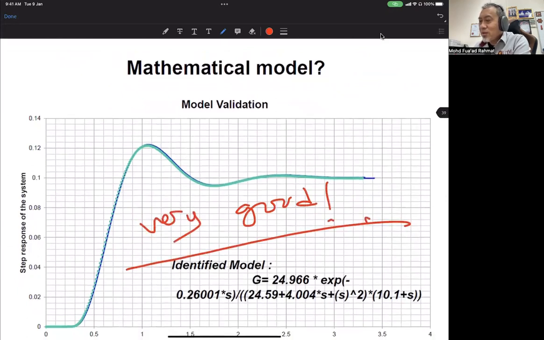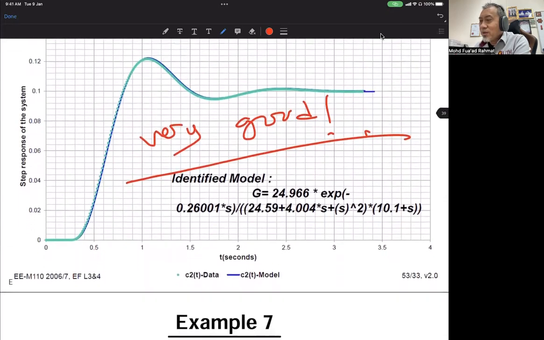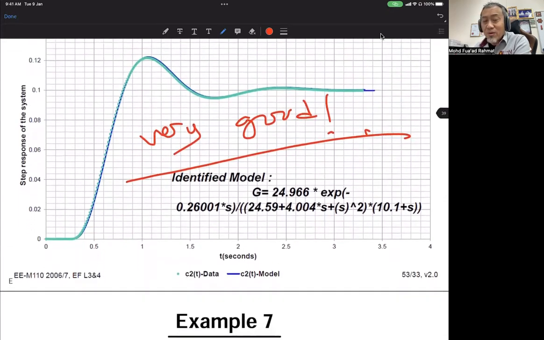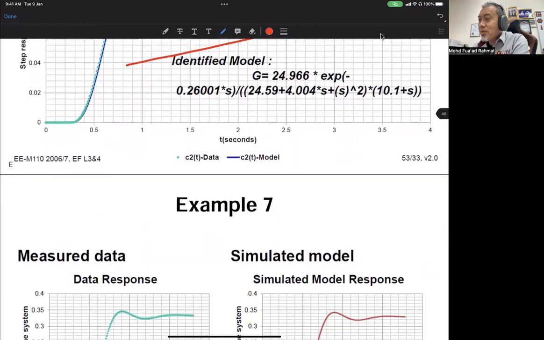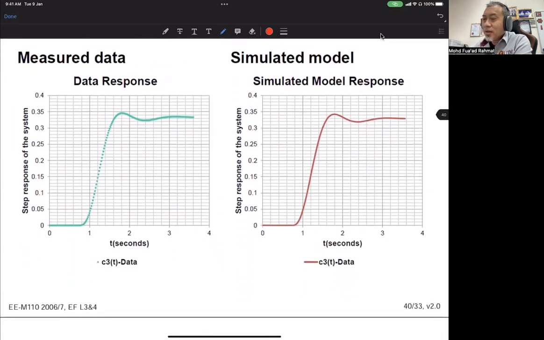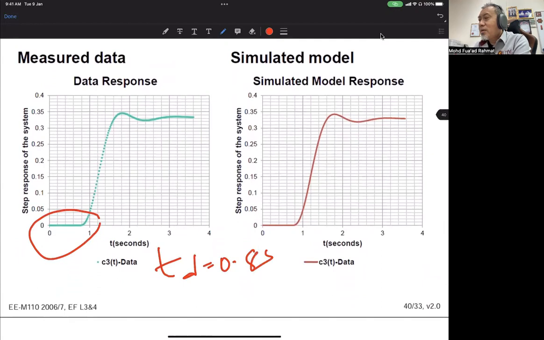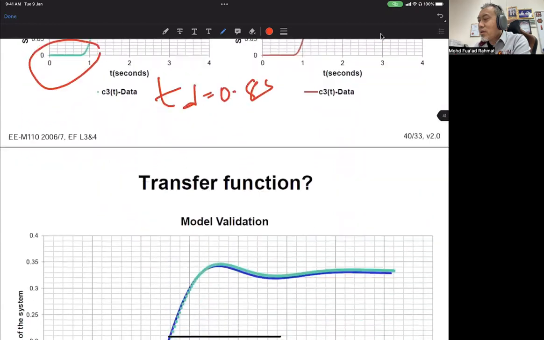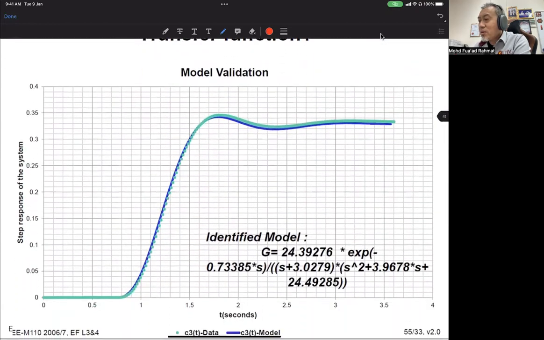So you can see that the real model has been fitted by the estimated model. Example 7 also has a time delay of about 0.8 seconds. The student tried to estimate the real data with second order, and this one is also very good compared to the first one.